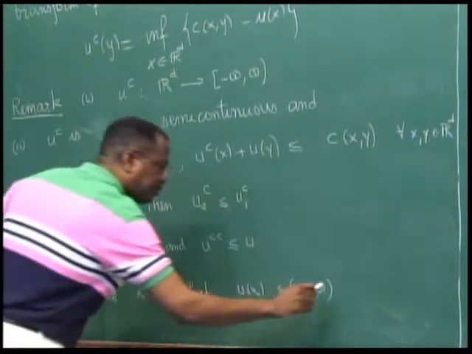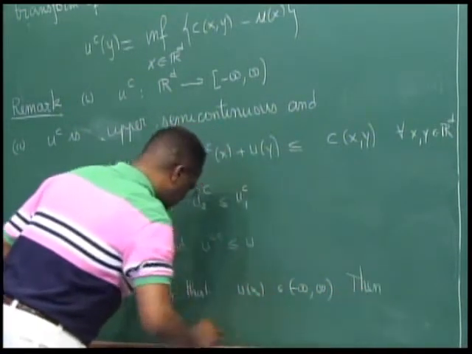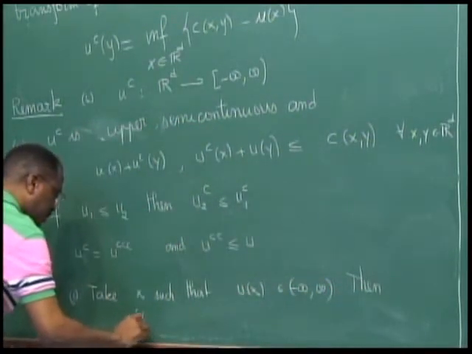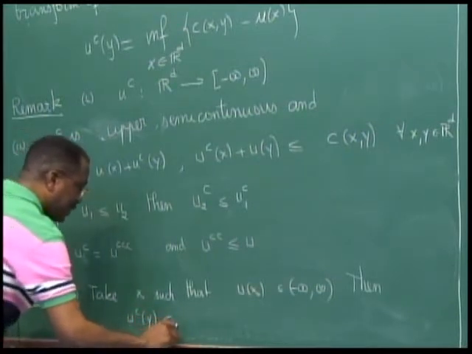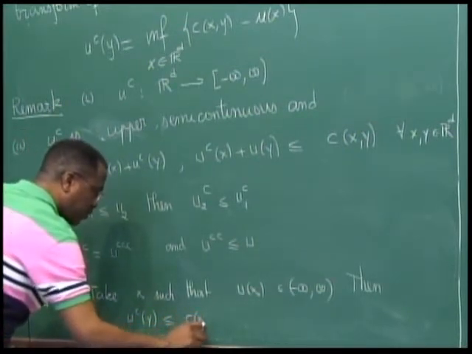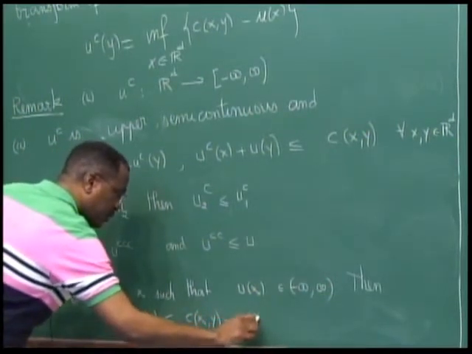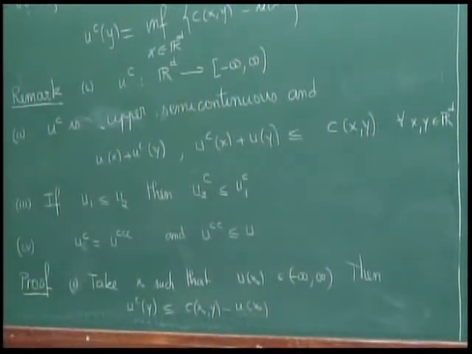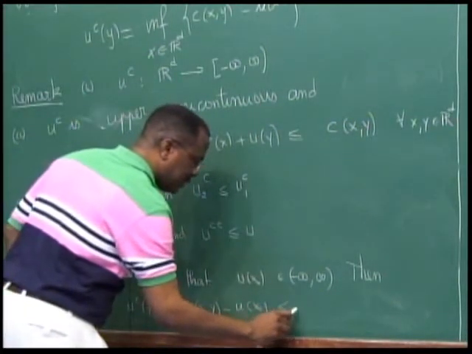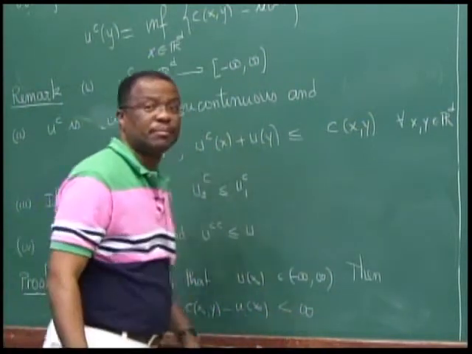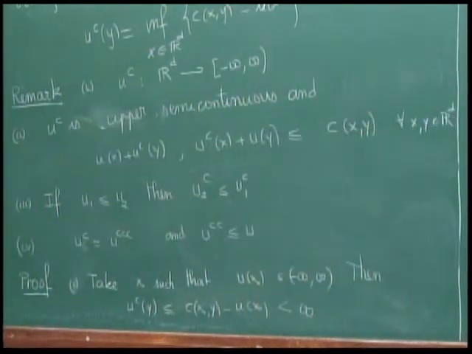Then UC of y is less than C of x naught y minus U of x naught. This is strictly less than plus infinity. And so you see, it never takes the value plus infinity.